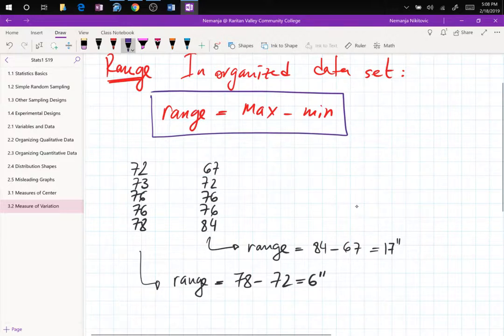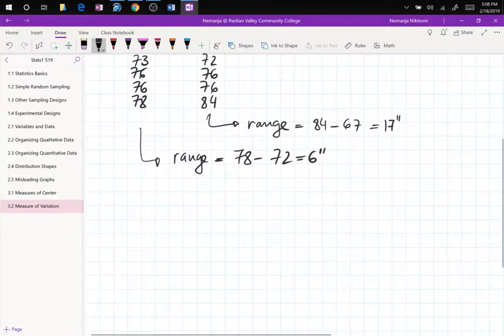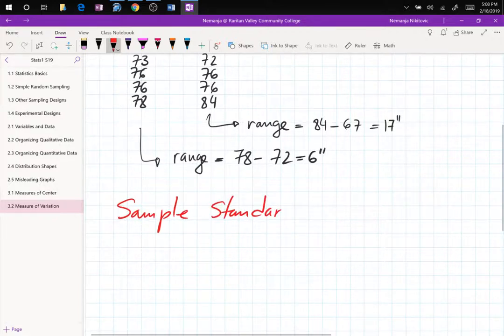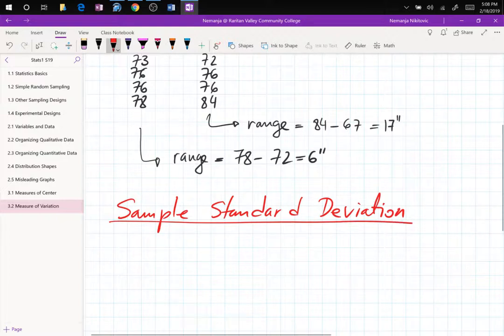And now we have sample standard deviation. If there's one calculation you will be sick of by the end of the course, it is this one. It's going to show up everywhere, and it shows the variation of data.